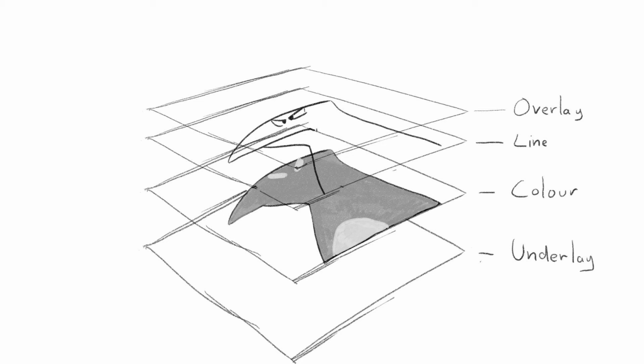It's really useful. It's something that Toon Boom has had for a while, and it works really well. Now, let's see how this works and how we can make the best use of this.